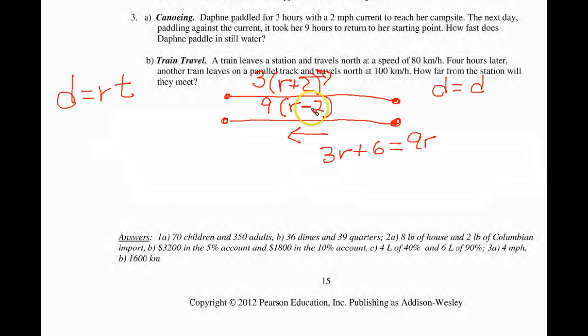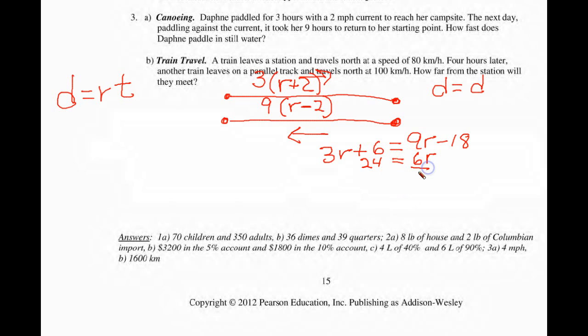9R minus 18. I'm just distributing this. This equals each other. Going to bring the r's over to this side. They become a negative 3r. So this gives me 6r. And this gives me a negative 18 on this side, a positive 18, which gives me 24.